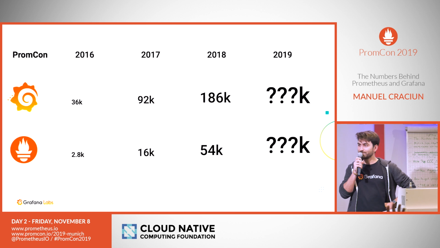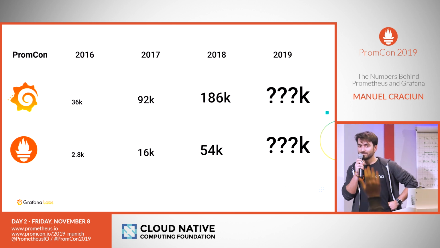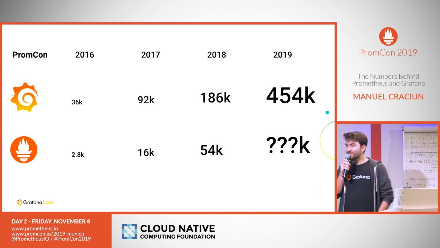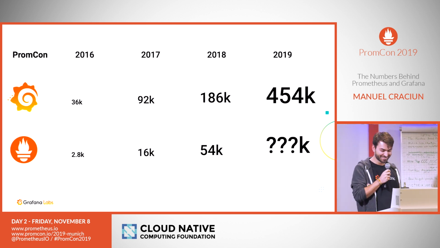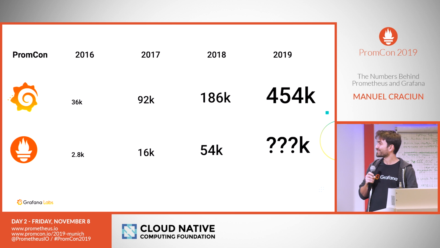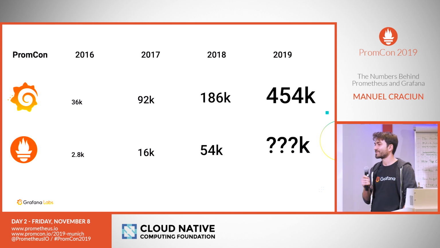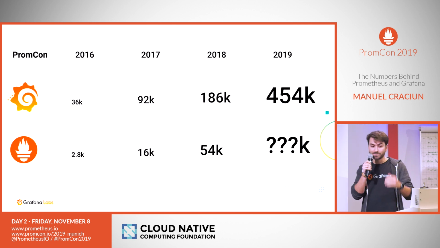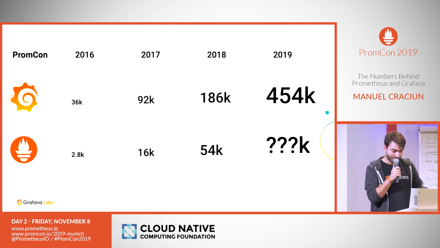Okay. 450? 455. So this is how many Grafana instances are somewhere in the world, thanks to you guys as well, and a bunch of other people back home.